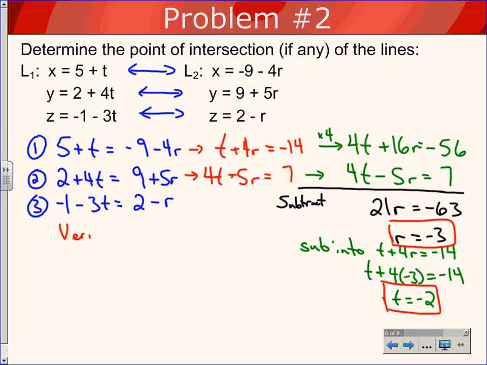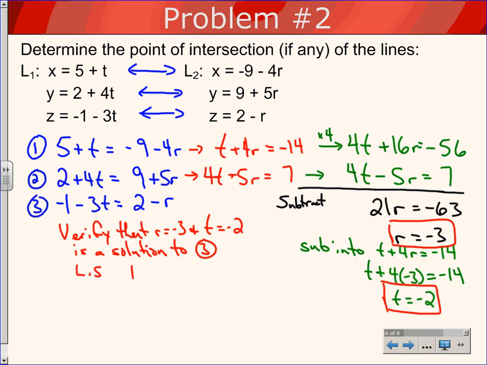It says verify that r equals minus 3 and t equals minus 2 is a solution to equation 3. And so all we're going to do for that is sub it in on the left side and the right hand side of the statement. So the left hand side was minus 1 minus 3t. I'm doing a left side, right side because I'm checking it, right?